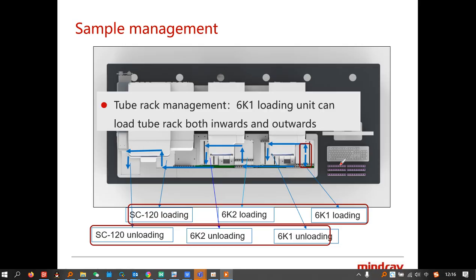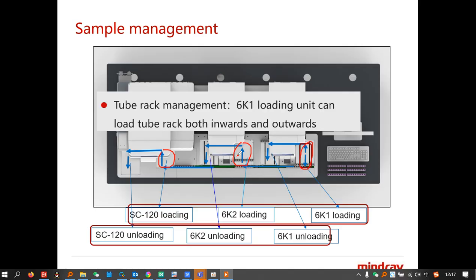If we don't take any analyzer and the SC offline, the customer can put the racks on both this platform and this platform. In fact, this platform is also okay.